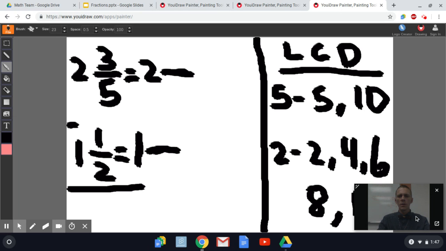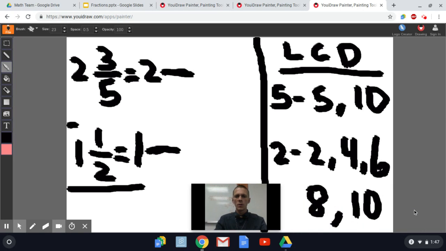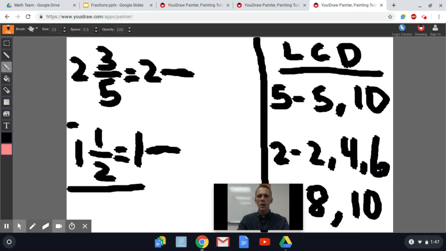Now my example here is a little messy, so I'll move myself right here. Bam. And our example is 2 and 3/5 minus 1 and 1/2. First thing I want you to notice, our denominators are different. So we need to find the common denominator. I took 5 and counted the multiples up, 5, 10, you can keep going, 15, 20.